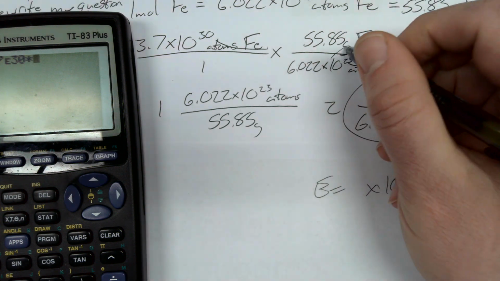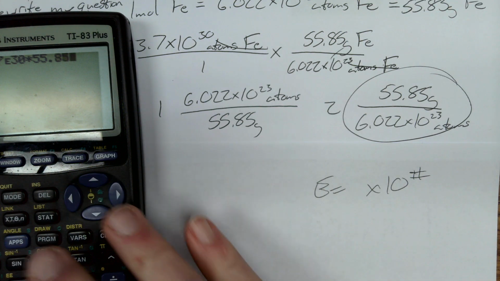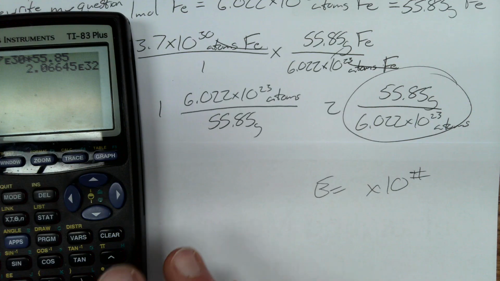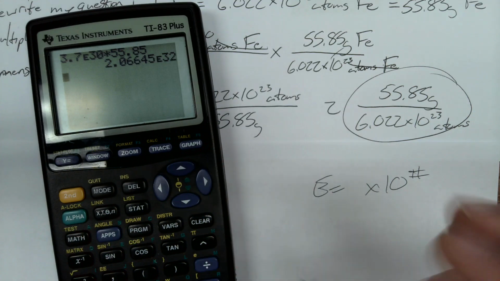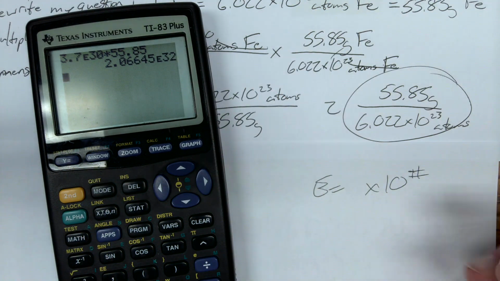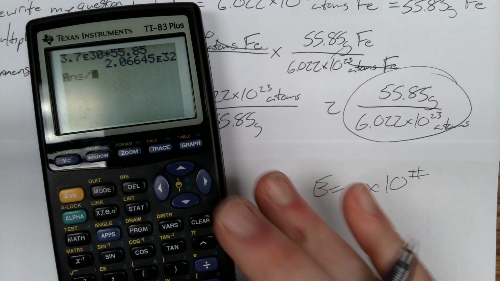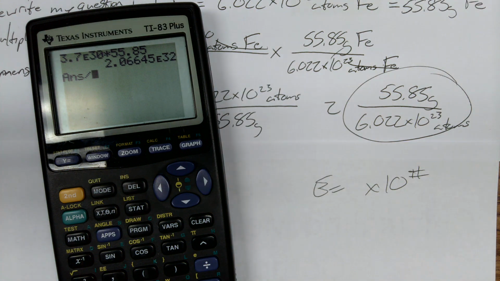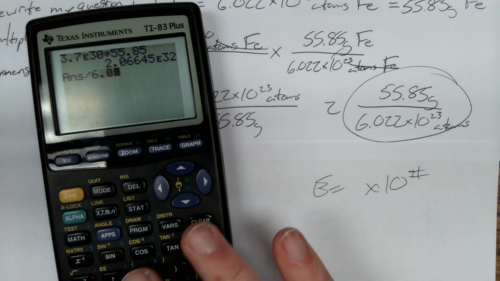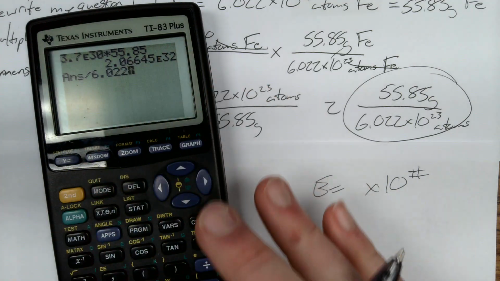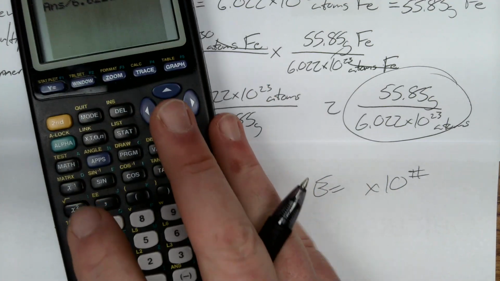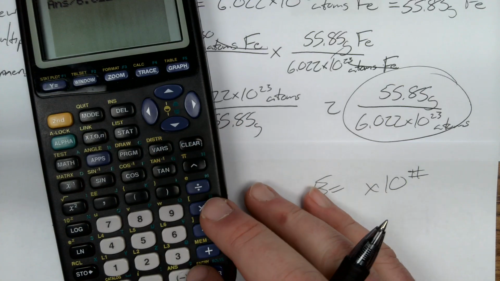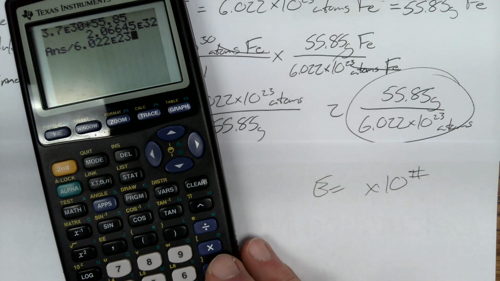I multiply that by my numerator, 55.85. I hit enter. I'm not done yet because now I have to make sure I divide by my 1 times 6.022 times 10 to the 23 atoms. So I click the divide button, which takes my answer and puts it right there for me. 6.022, second E, 23.